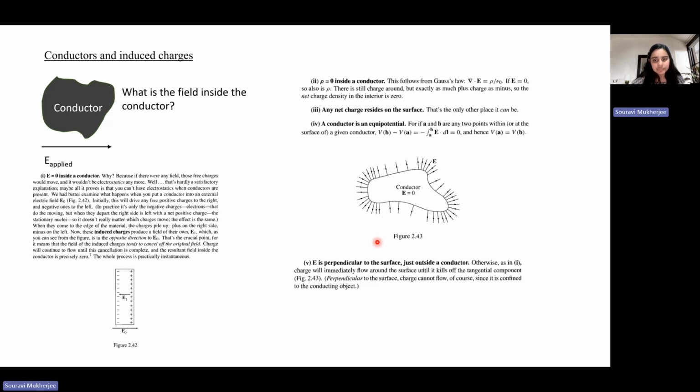There should not be any tangential component. These were some of the interesting features that came up when we talked about conductors in an applied electric field, and how the induced charges and this redistribution result in a net zero field inside the conductor.